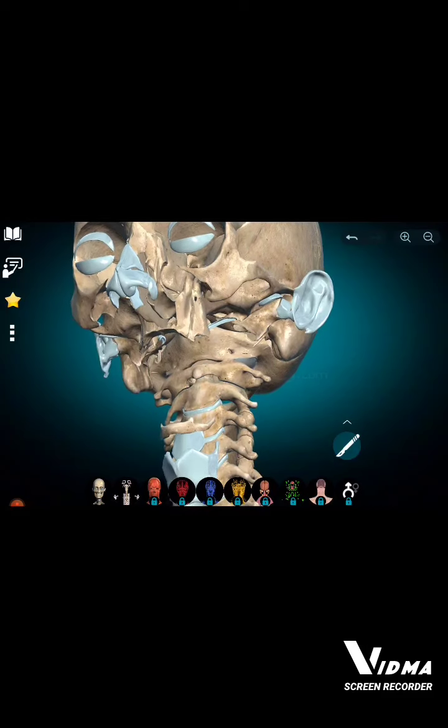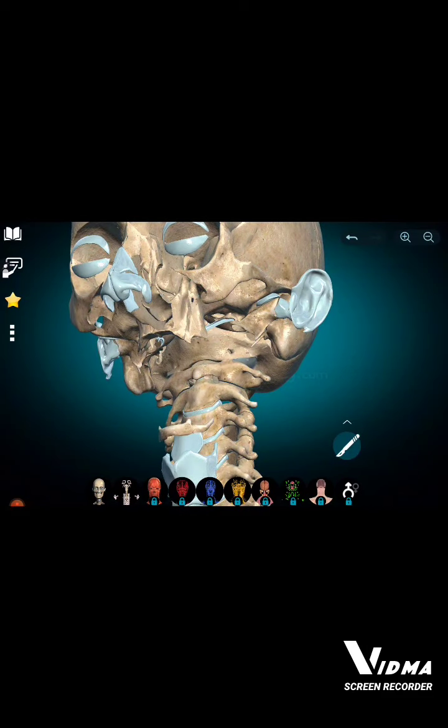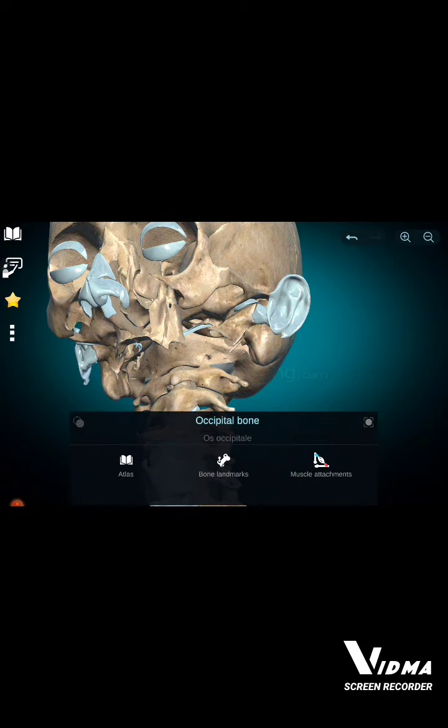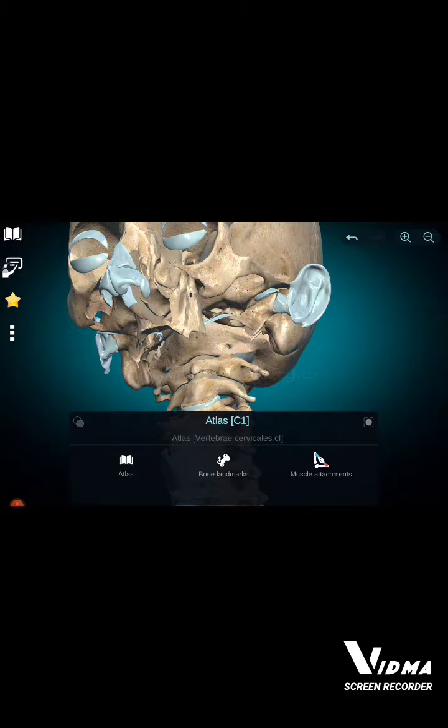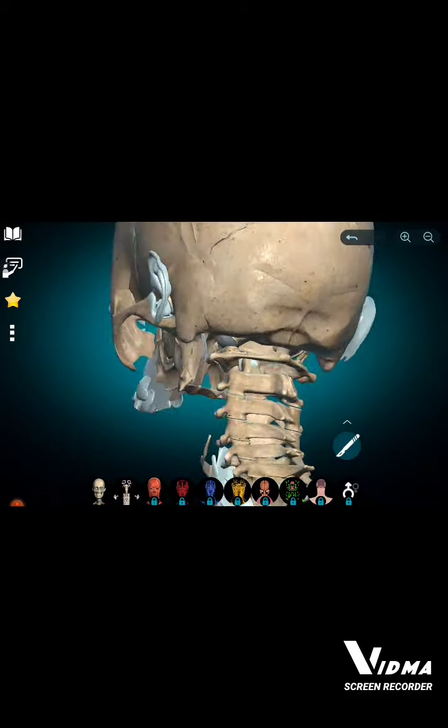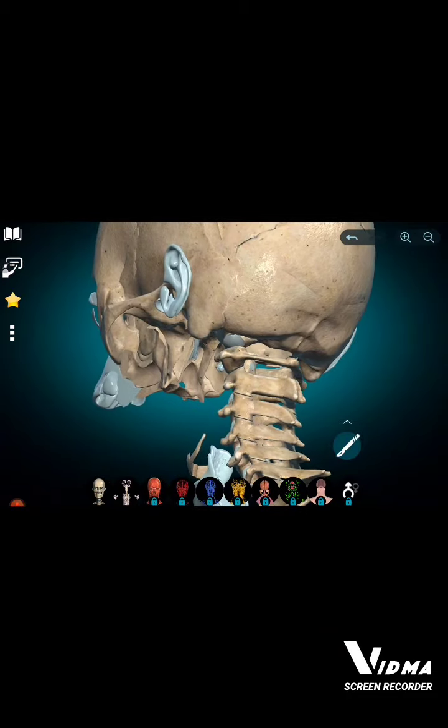Here you can observe this is the skull's occipital bone and this is atlas. Atlas articulates with the skull. See here, the foramen magnum.